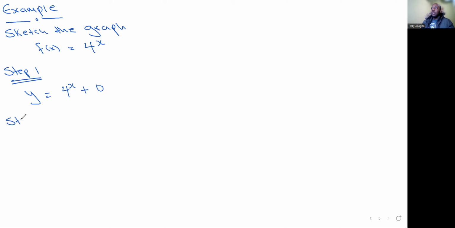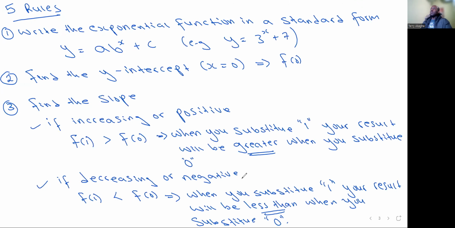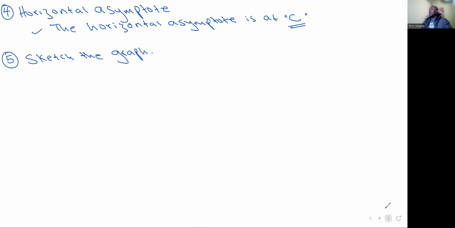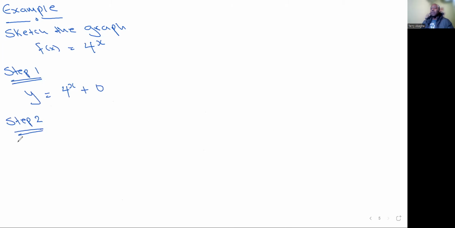When we're done with that, we go to step 2. What's step 2? We need to find the y-intercept, and that is at x equal to 0. So we know that at the y-intercept, x is equal to 0. So anywhere we see x, we put 0.